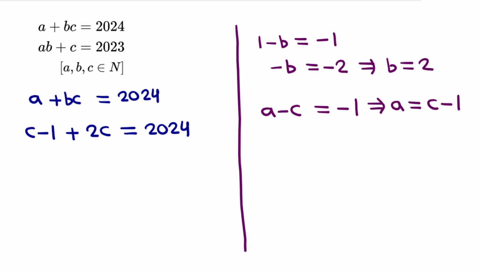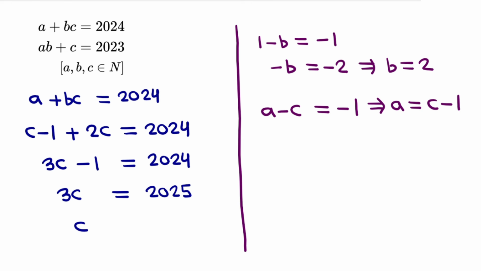Combine the C terms: 3C - 1 = 2024. Add 1. 3C = 2025. Now divide by 3. C = 675. And now we're basically done.